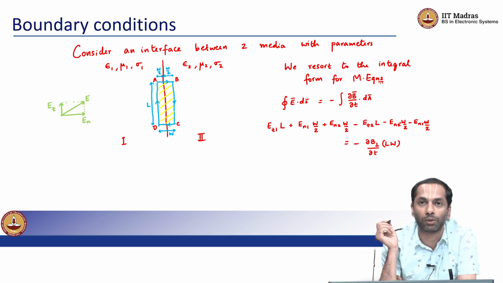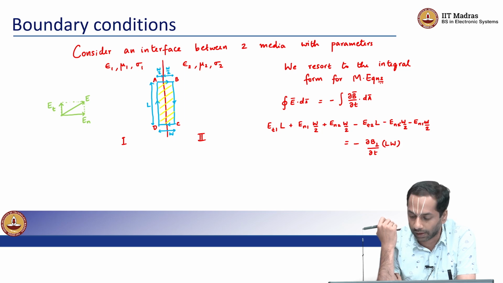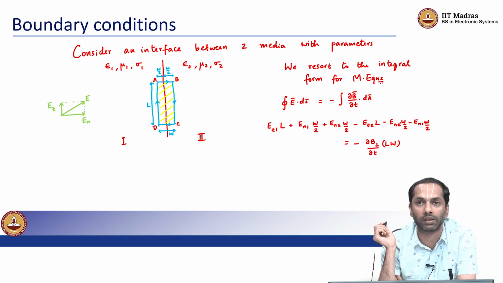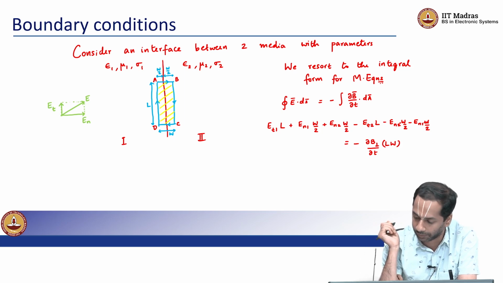So perpendicular to A, B, C, D, whatever is the component of the B field along that, we are just interested in the time derivative of that component, multiplied over the area L times W.